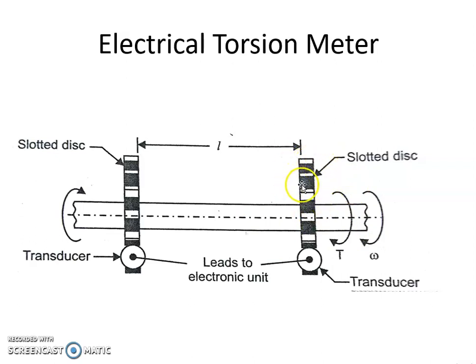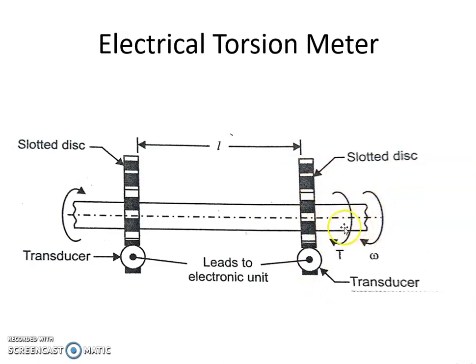In a photoelectric transducer, there is a slotted disc, and on one side of the disc there is a source of light, and on the other side there is a sensor which senses the light.